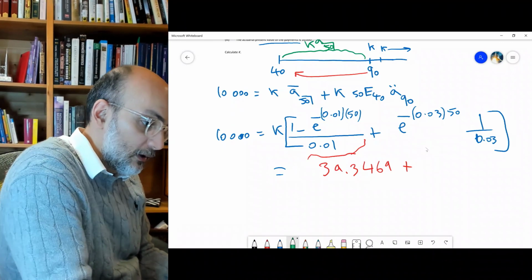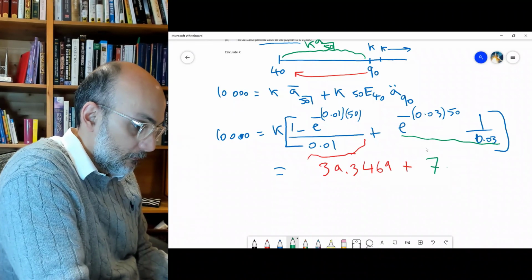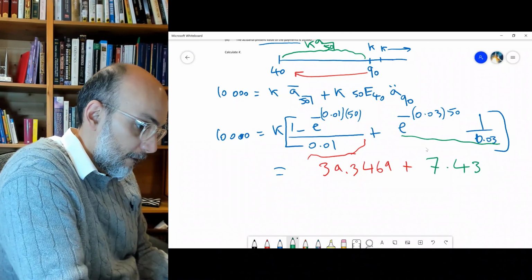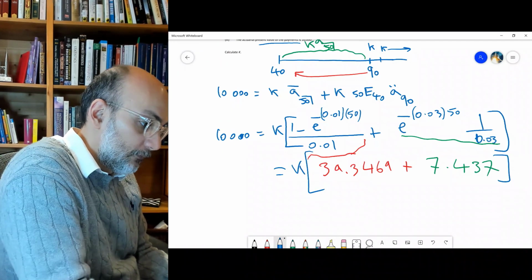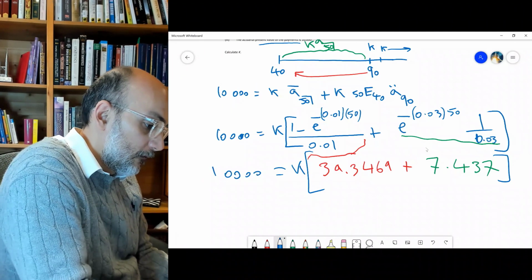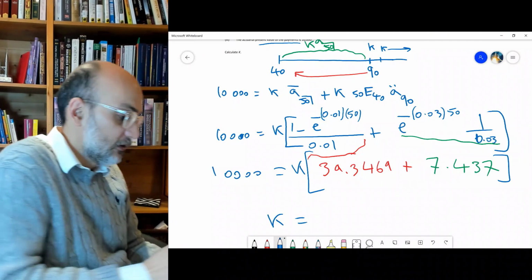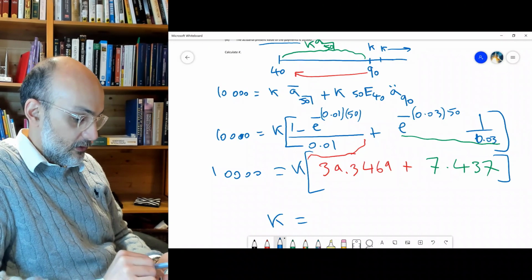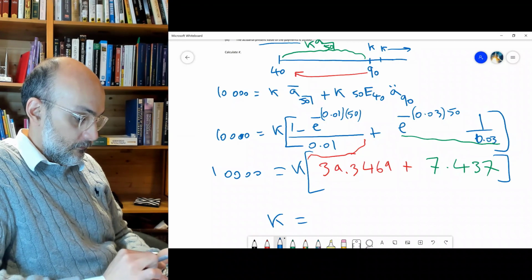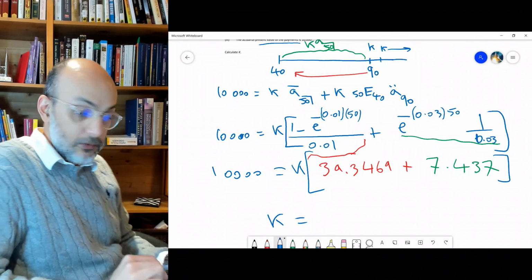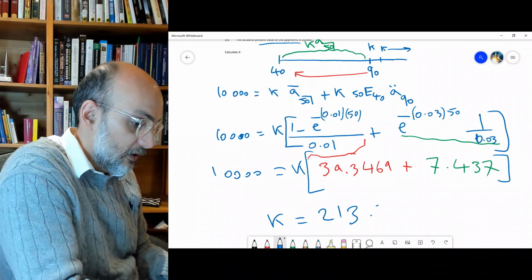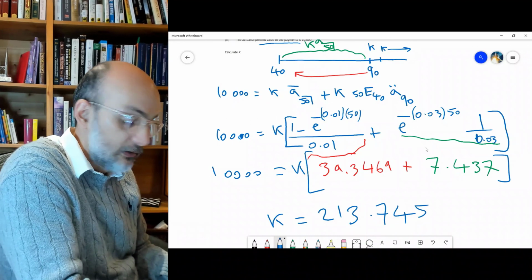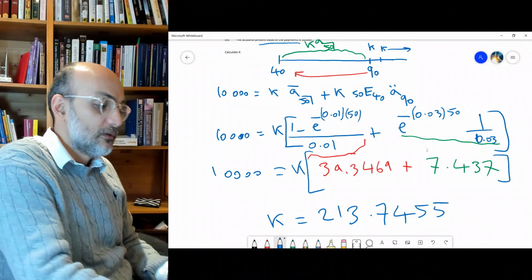I got this one here, and remember everything is multiplied by K. Then if you solve it, you take these terms to the other side. Your K, did I get it right? Yeah, 2137455.